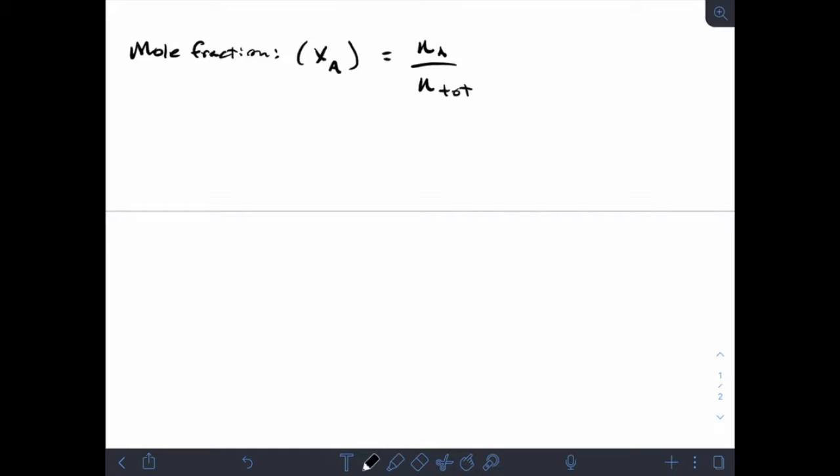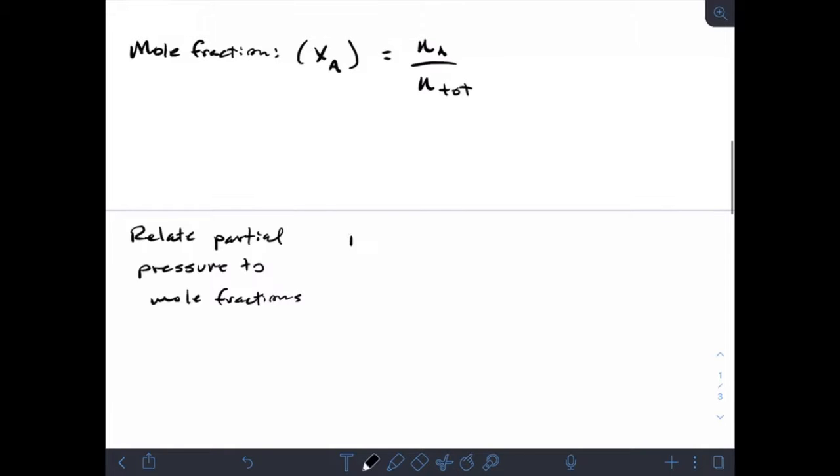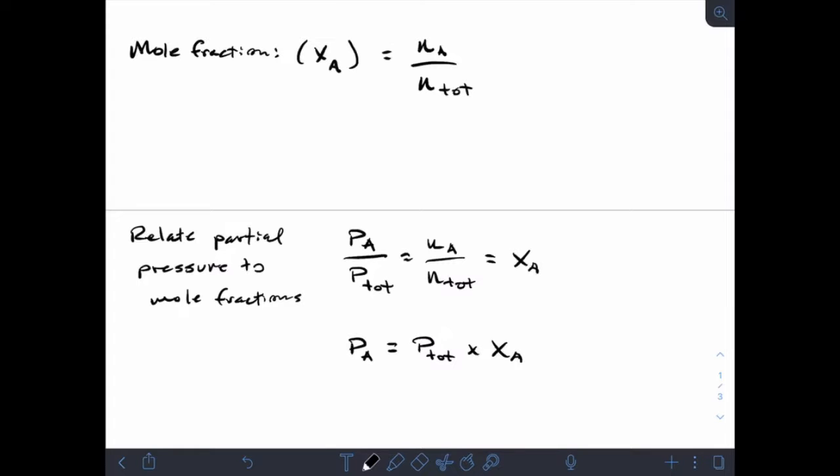Relating partial pressures to mole fractions, the partial pressure of A over the total pressure is equal to moles of A over total moles, which also equals the mole fraction of component A. If I rearrange this a little bit, the partial pressure of A equals the total pressure times the mole fraction of gas A.